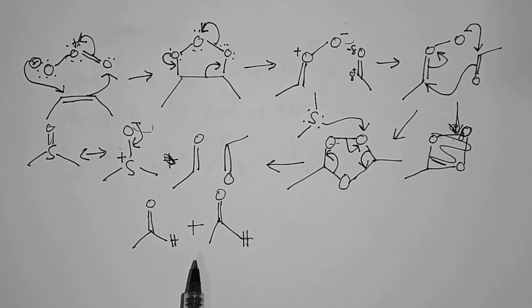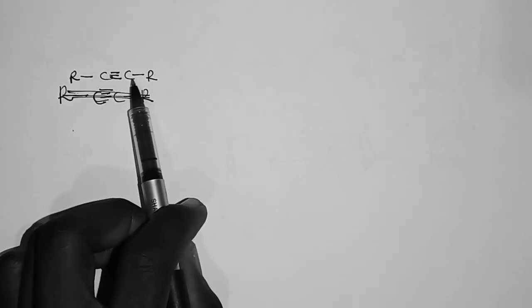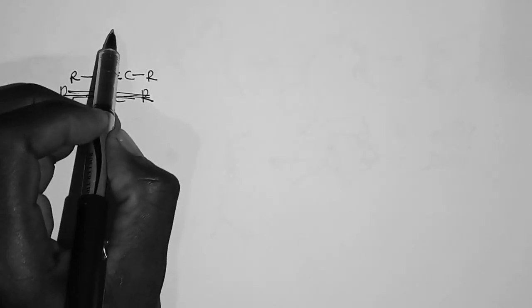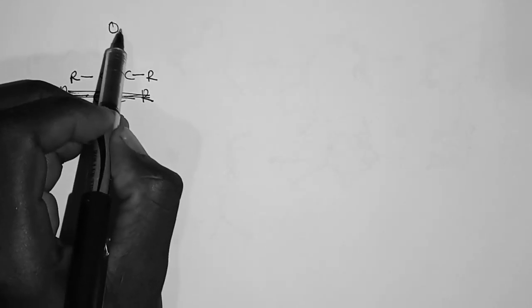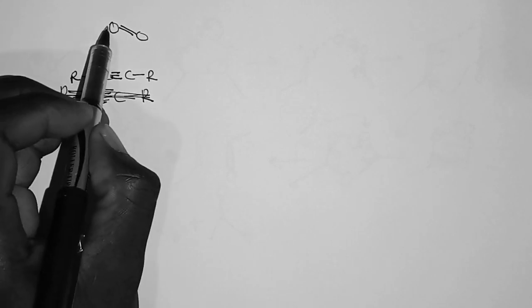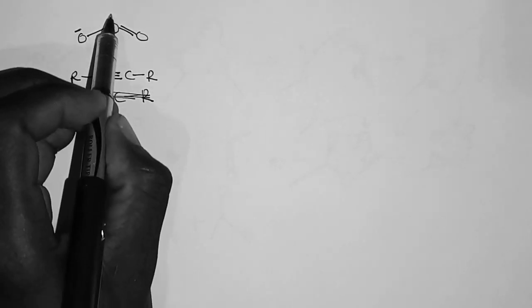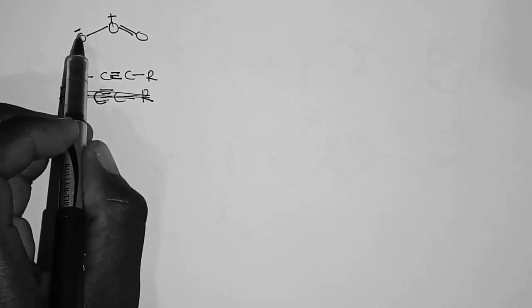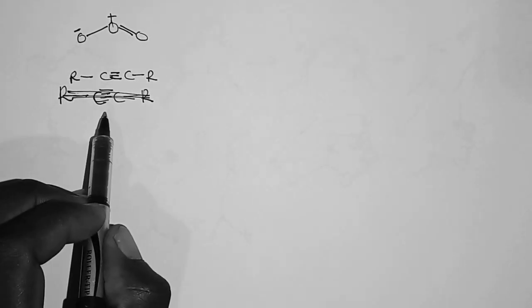Now let's come to ozonolysis in alkynes. In the case of alkynes, let's use this starting material, and then this is ozone. Note that there is a negative formal charge here and a positive formal charge.